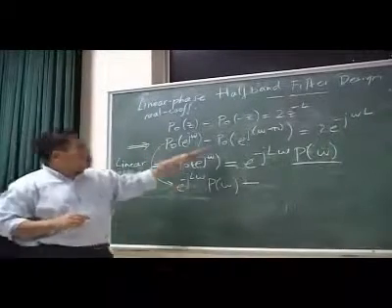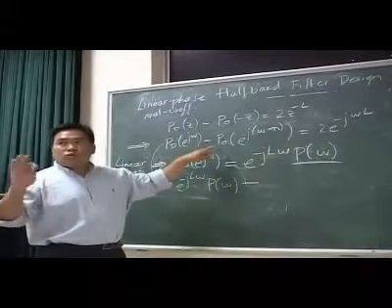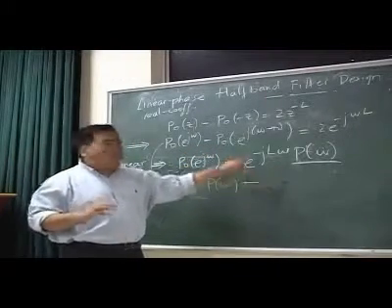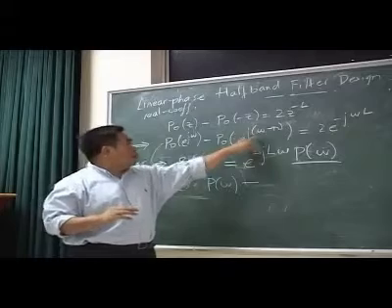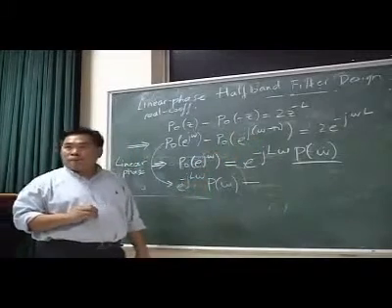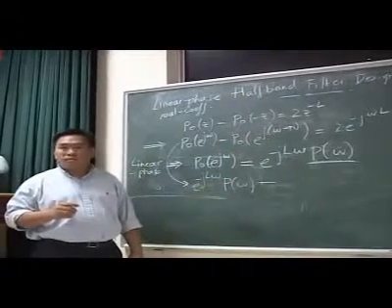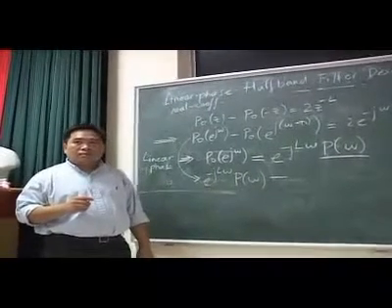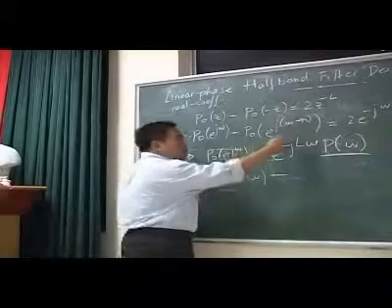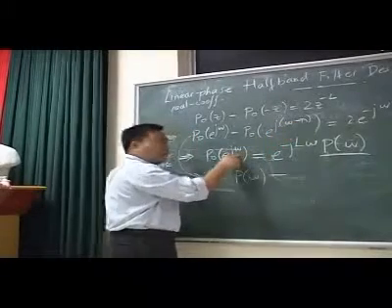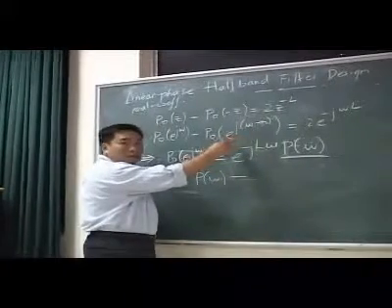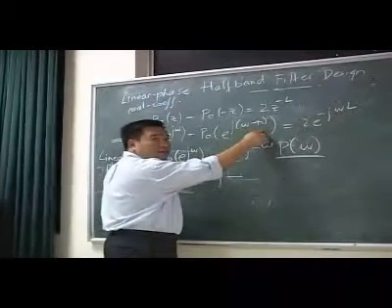How do I find the form for P naught of e to the j omega minus pi? What do I need to do? I need to substitute omega minus pi into this form, right? So basically, wherever I say omega, we substitute omega with a shift in omega.